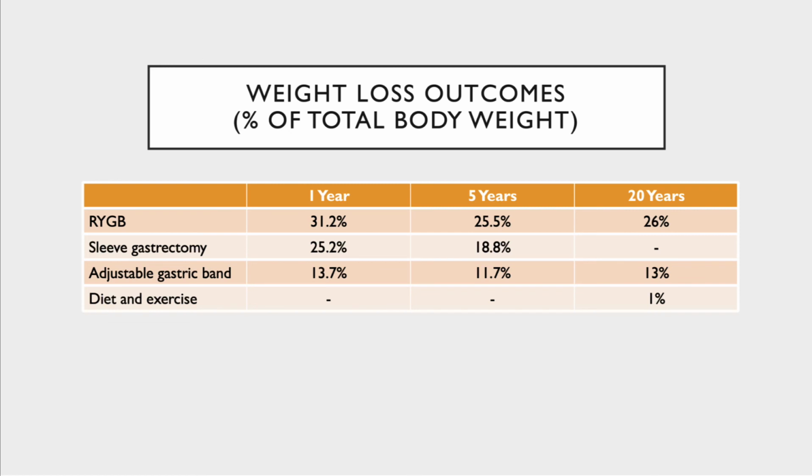But at 20 years, the average weight loss kept off is 26%. Impressive, right? Look at diet and exercise. At 20 years, the chance of diet and exercise being effective, 1%. 1% body fat loss or total body weight loss.